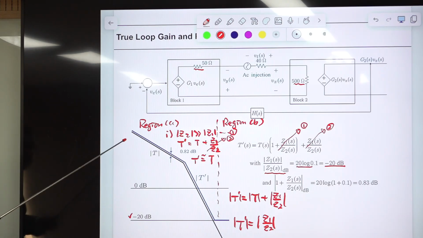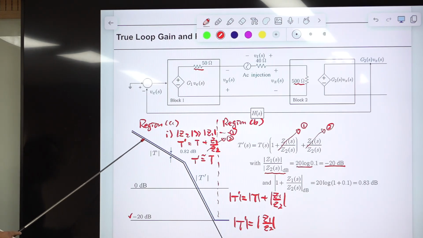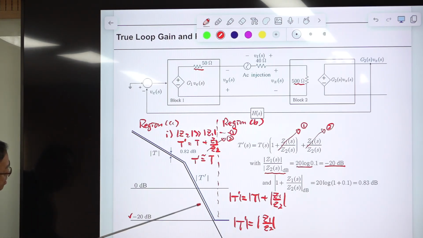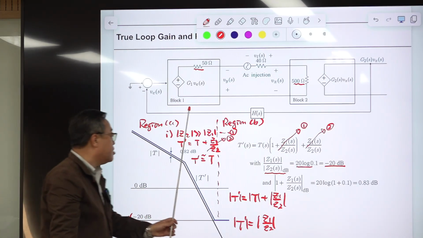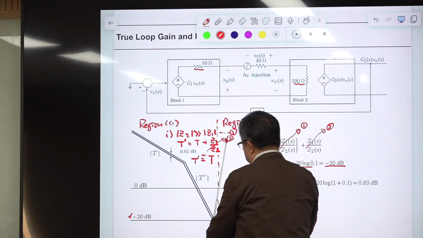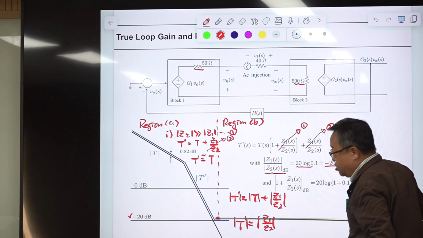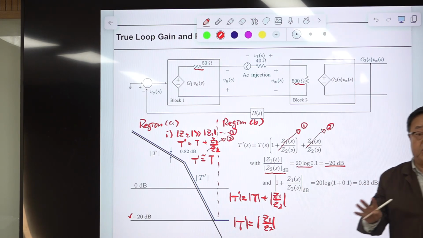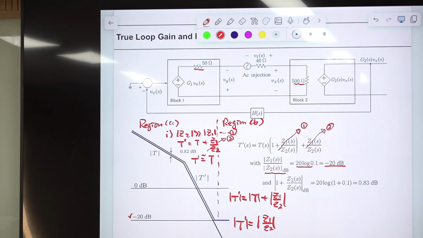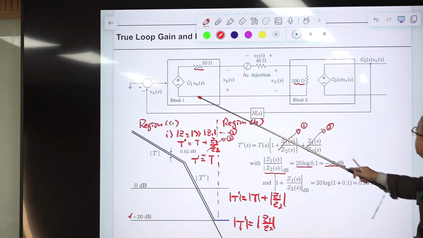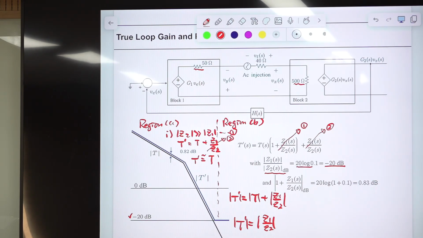So this blue line indicates that at these frequencies, the pseudo loop gain is almost the same as the true loop gain, but after this Bode line, it follows this line. So in this region, there is a huge difference between the true loop gain and the pseudo loop gain. But it won't happen in practice because the ratio between this one and this one is only 0.1.